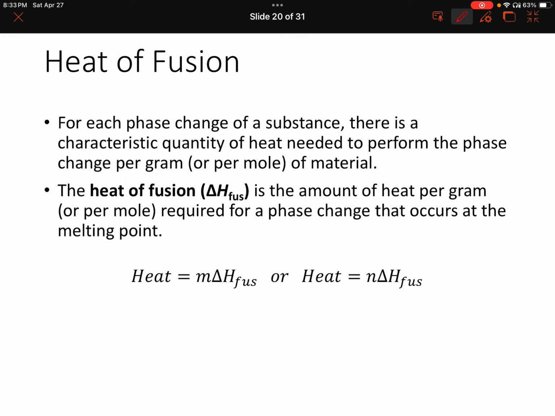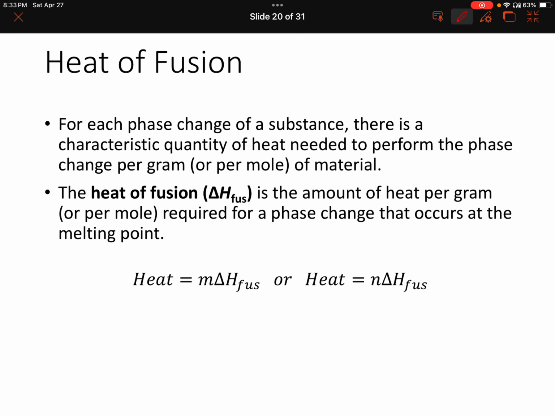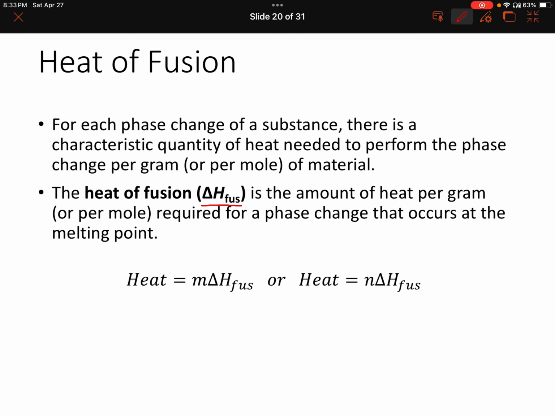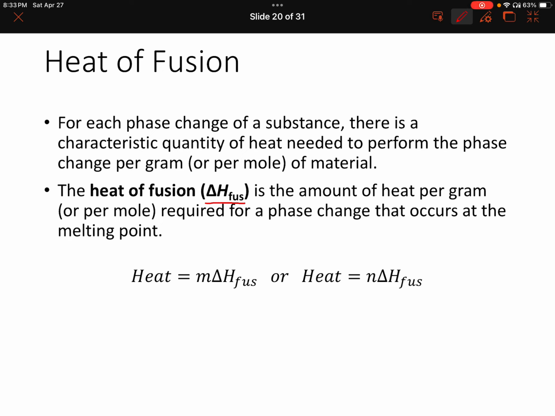So the heat of fusion, which is given this symbol here, delta H with a subscript FUS for fusion, is the amount of heat per gram required for a phase change that occurs at the melting point. So heat of fusion is used for the melting point specifically.